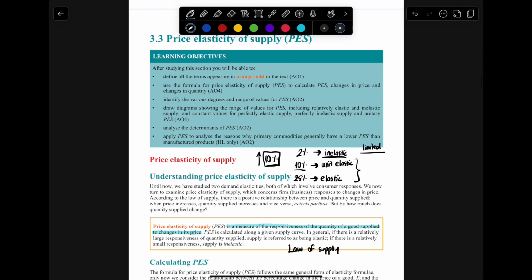So this means that it's a strong reaction because even though the price increased only by 10%, the quantity increased by 25%, which is much larger, which shows that there was a much stronger reaction. So this means that the reactions are elastic.